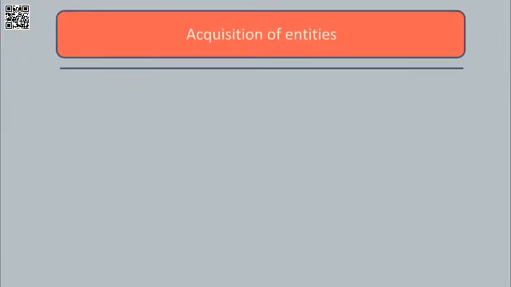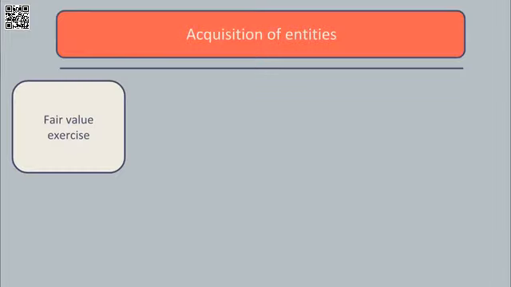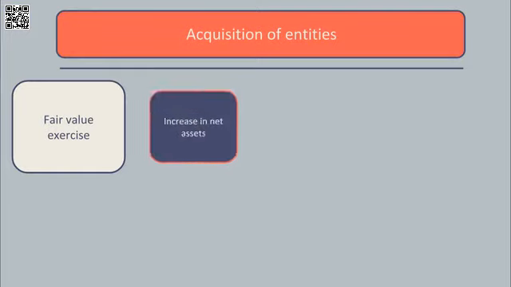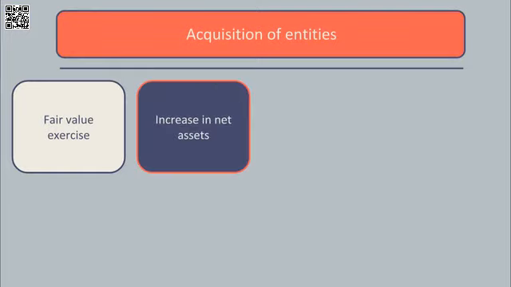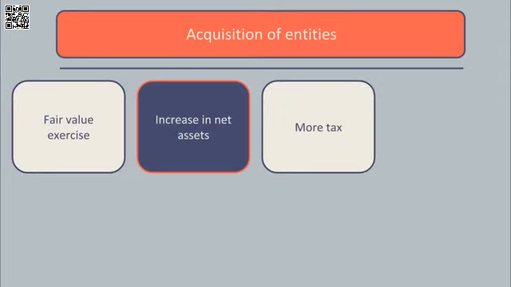As well as the aforementioned items, let's also consider some deferred tax consequences associated with the acquisition of entities. As part of our accounting for the acquisition, we know that a fair value exercise must be carried out on the subsidiary's net assets, often resulting in an increase in these net assets. If the value of the net assets are increasing, we are saying that the business is capable of generating more cash, and thus must ultimately pay more tax.